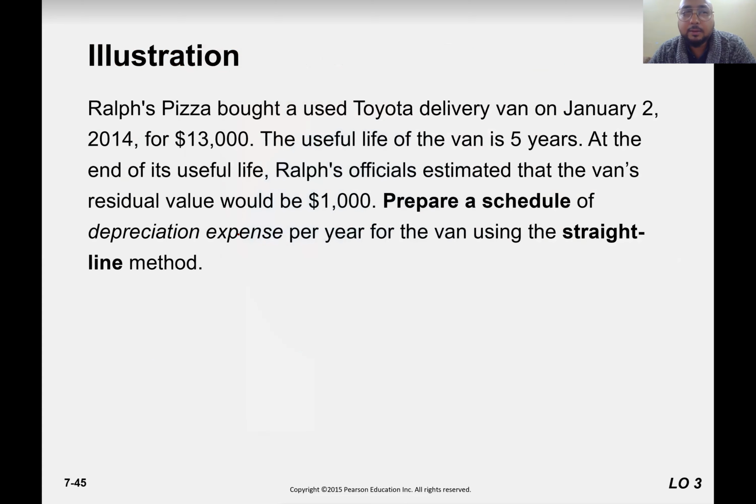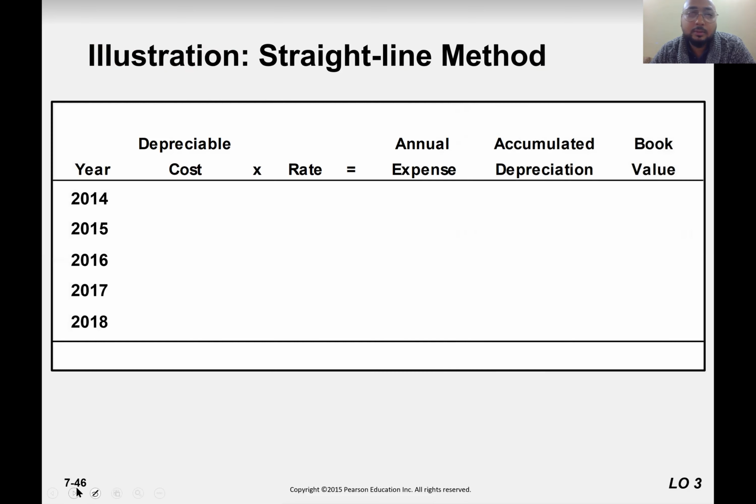So we have an illustration here. I want you to pause the video and do it by yourself, and then compare the answer. So you see we have given the data here, the van. So they purchase it for 13,000, right? 1,000 is salvage value.